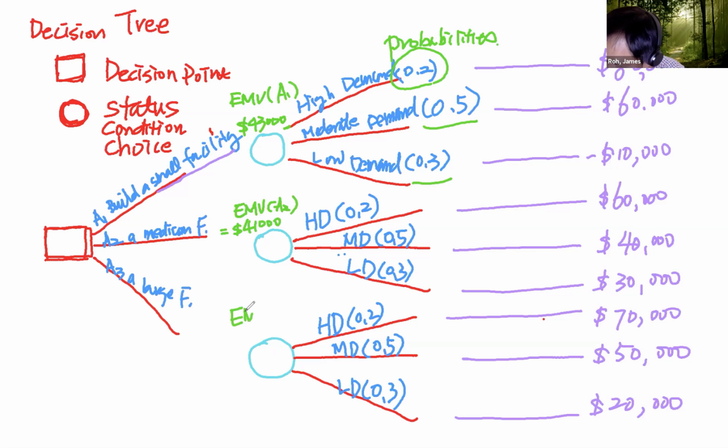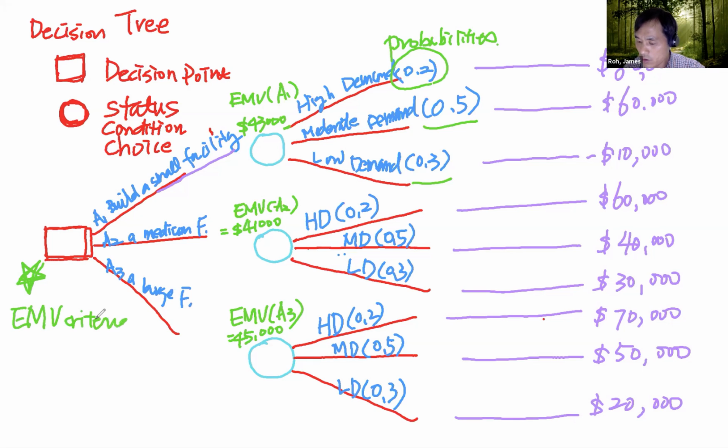And lastly here, EMV for alternative 3. So 0.2 times 70,000, 0.5 times 50,000, 0.3 times 20,000, then you get $45,000 right here. Right, $45,000. So then, what is your ultimate decision here, right? If you are using the EMV criterion, in this case, your decision point is right here.